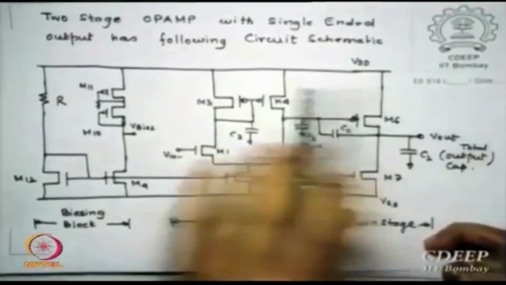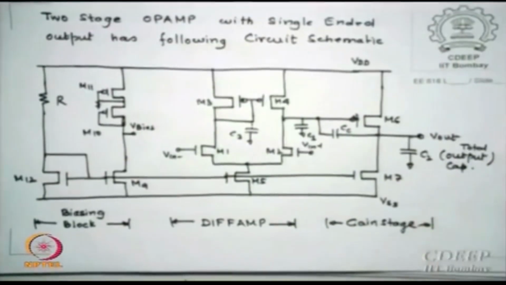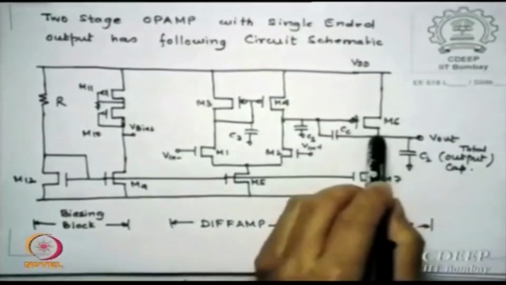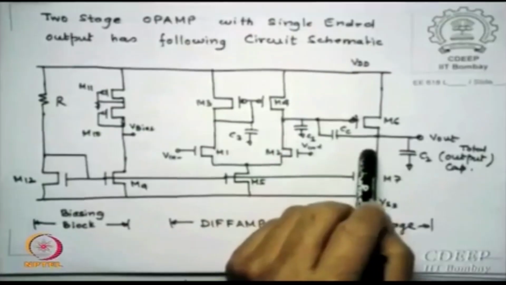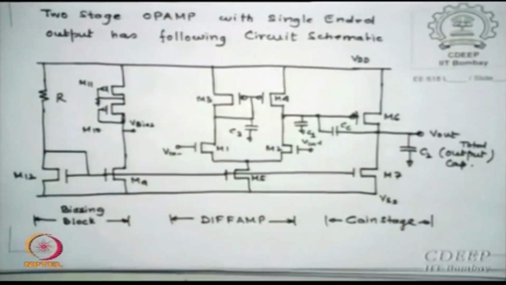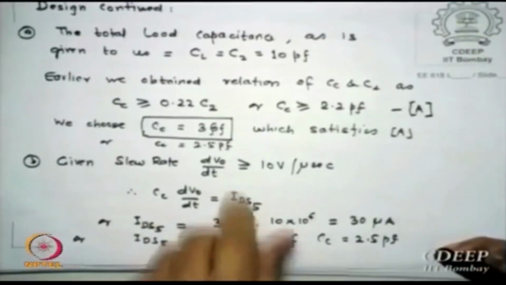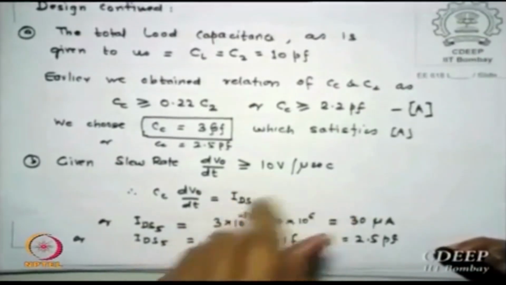Full of it, because at the midpoint it is half, but the maximum possible is one current, which is ISS or IDS5. If I decide that CC dV0/dt, because this is V0, if I have to charge this capacitor by this current, the maximum current available to me is IDS5. That value I use, and I was given the slew rate dV0/dt of 10 volt per microsecond.